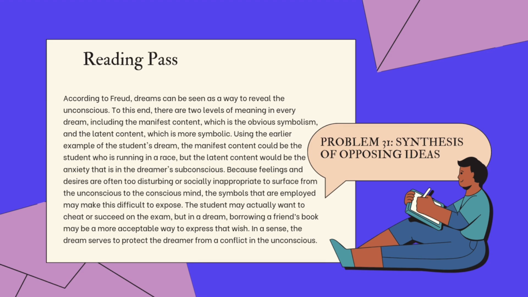Reading passage time: 3 minutes. In his classic The Interpretation of Dreams, published in 1900, Sigmund Freud identified the unconscious as the origin of many dreams. For instance, a student who is anxious about taking an important exam may dream about the test, or, more likely, some type of symbol for the exam will appear in a dream.